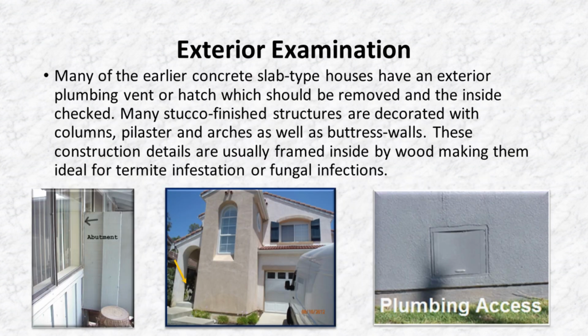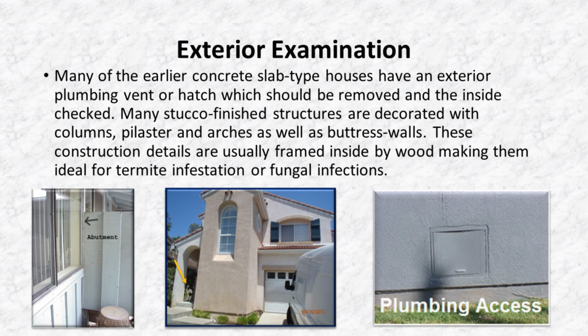Exterior examination. Many of the earlier concrete, slab-type houses have an exterior plumbing vent or hatch which should be removed and the inside checked. Many stucco-finished structures are decorated with columns, pilaster, and arches, as well as buttress walls.